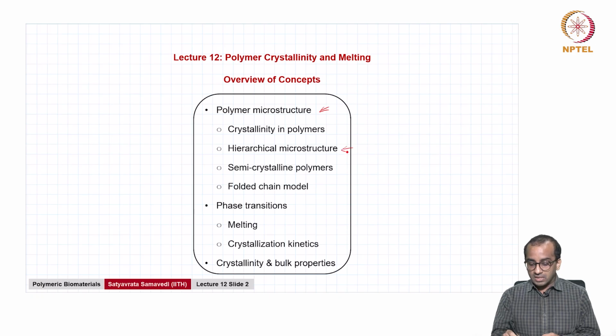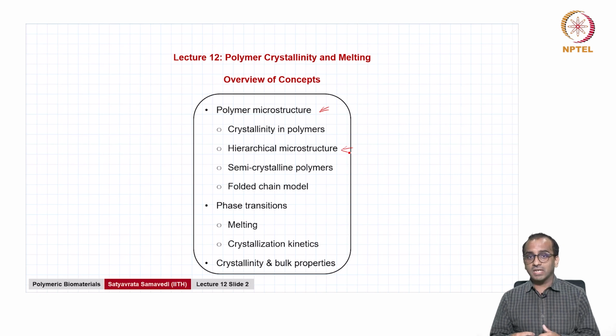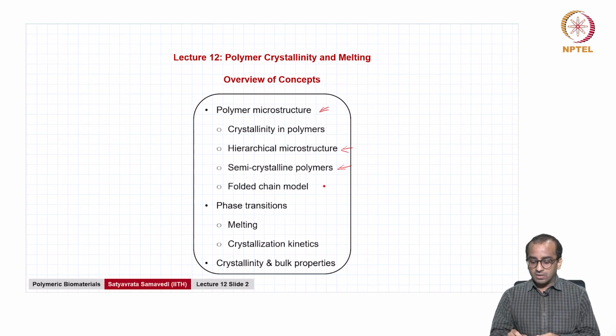We will also see that you can think of crystallinity at multiple levels, where you can have hierarchy in microstructure, and we will have a chance to look at how that builds up over many length scales. We will also look at a model, for example, for semicrystalline polymers, which typically have both crystalline and amorphous domains.